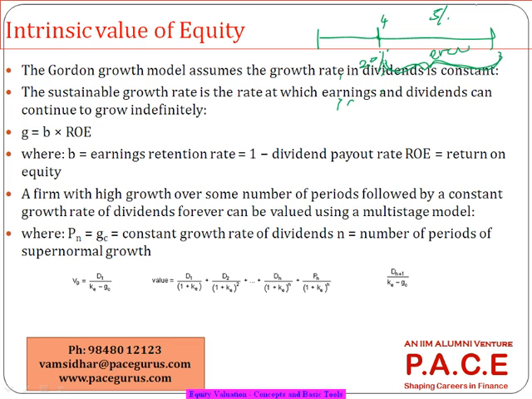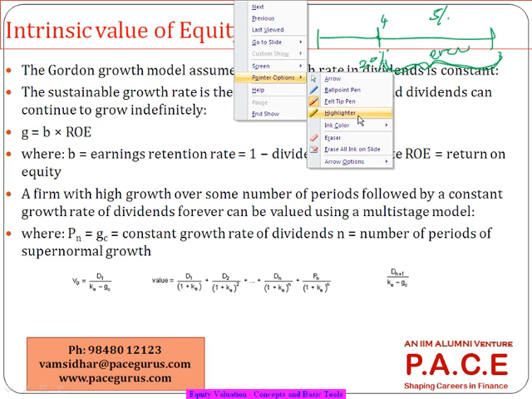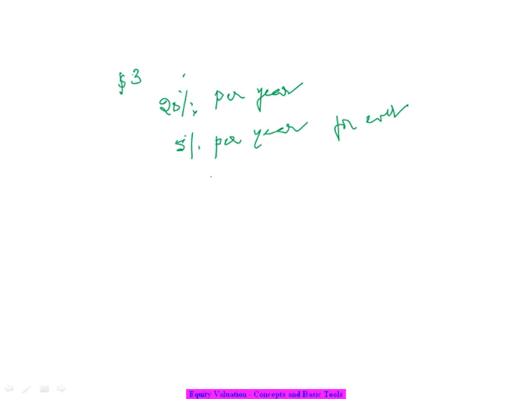So probably I'll give you one numerical that would make it easier. If I say the company has last declared a dividend of $3 a share, and for the next 4 years it is expected that the dividend will increase at 20% per year and 5% per year after that forever, how much should I spend on this company?